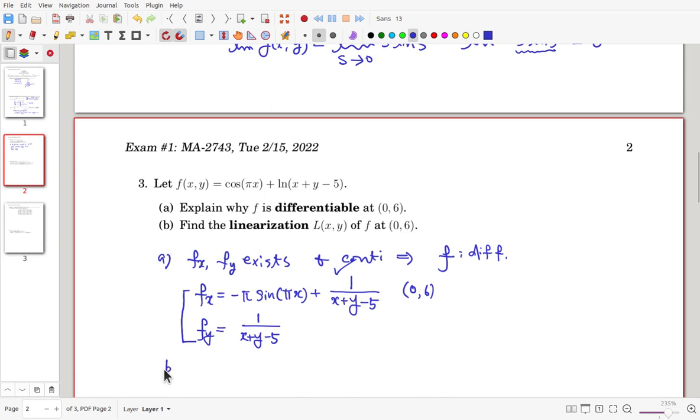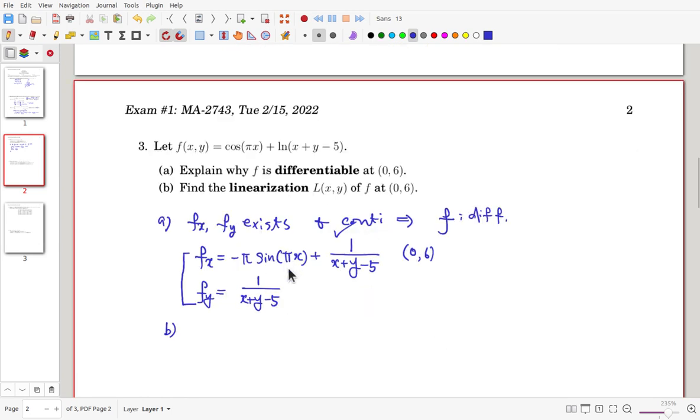Okay, now part B. Find the linearization of f at 0, 6. By definition, linearization is given in this way.